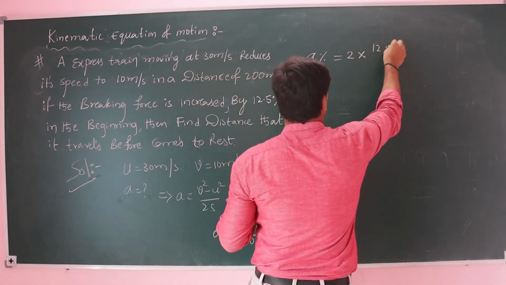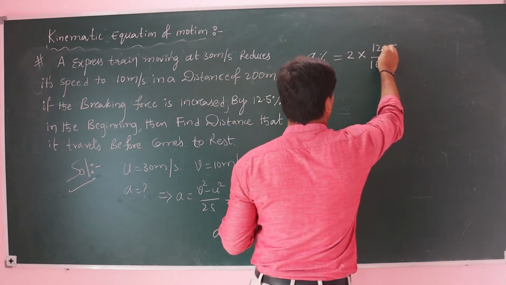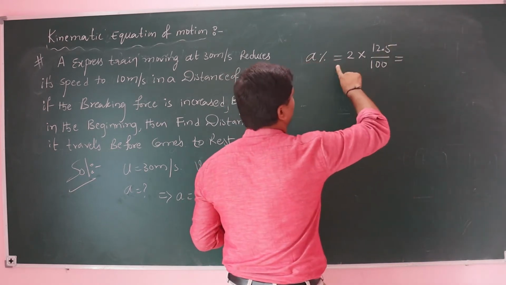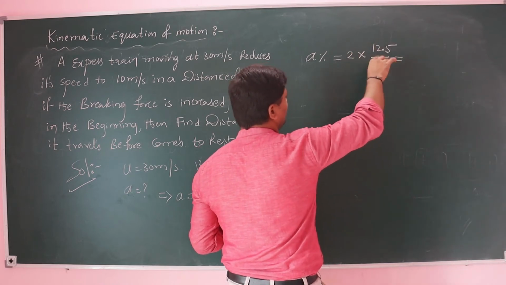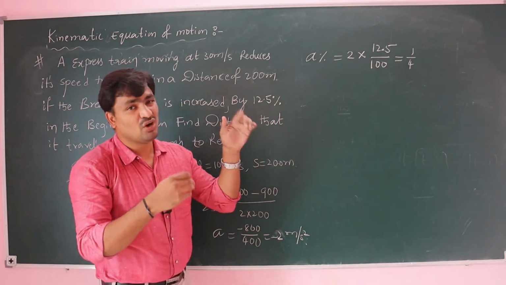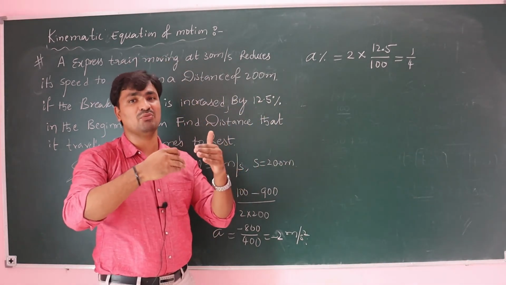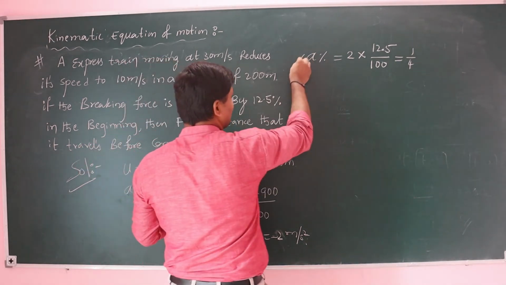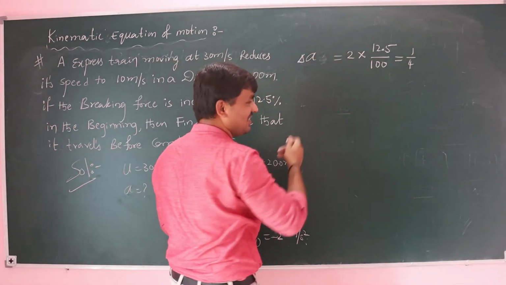Taking 12.5 by 100 of 2, it comes to 1 by 4. So 1 by 4 meters per second squared is the increase.